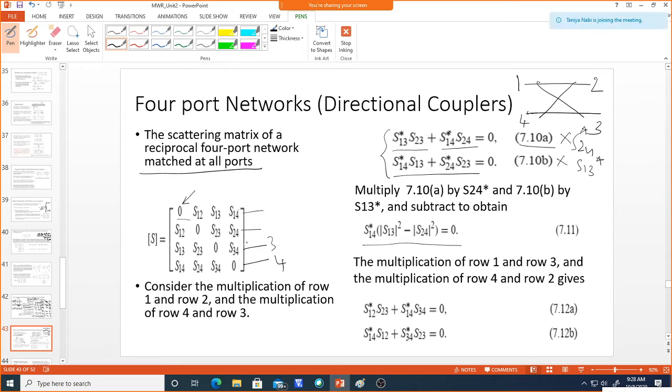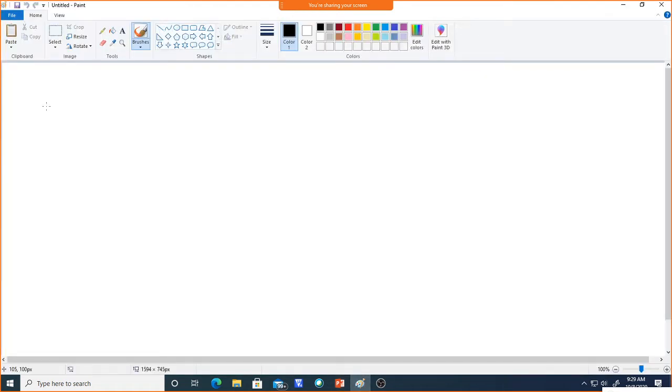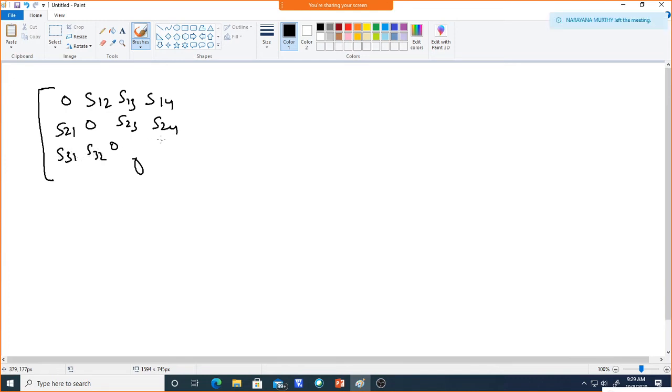Take the matrix with the rows 0, S12, S13, S14; S21, 0, S23, S24; S31, S32, 0, S34; and S41, S42, S43, 0.